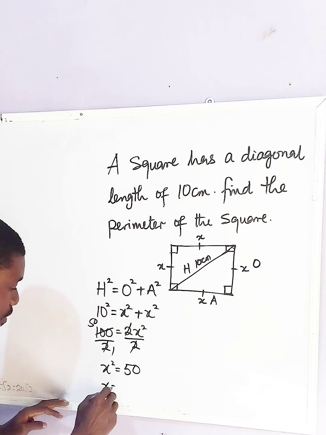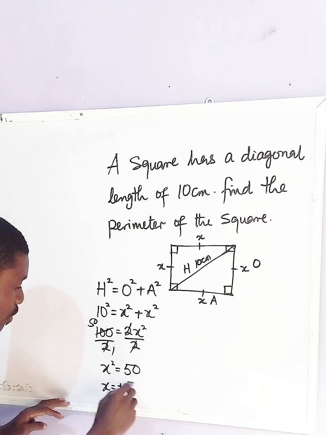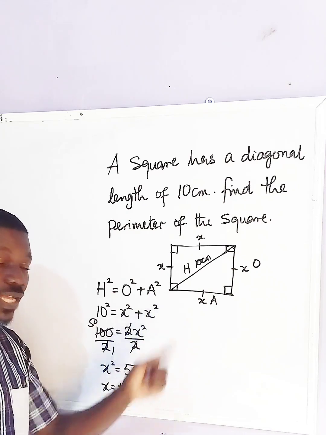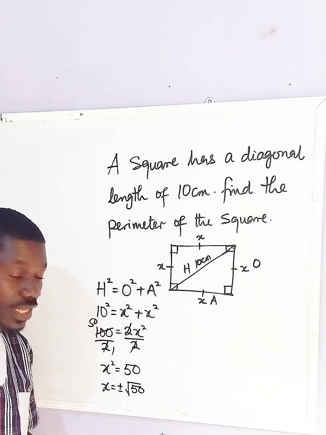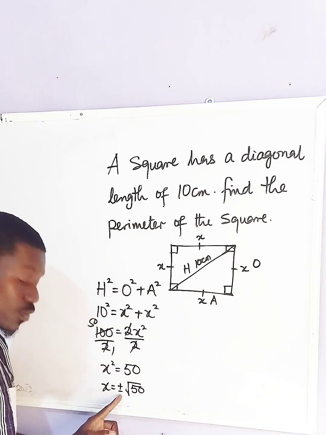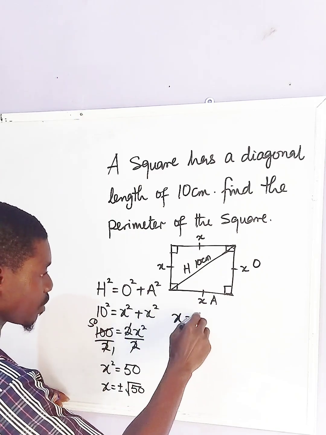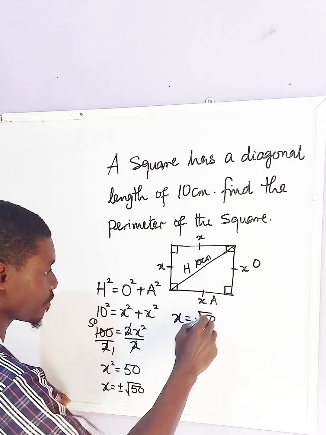Now square rooting both sides to find the value of x, we have x equals plus or minus the square root of 50. Because the length of a shape won't be negative, we won't accept the negative value. Rather, our x will be the square root of 50.